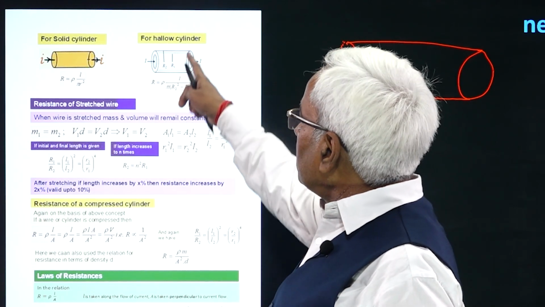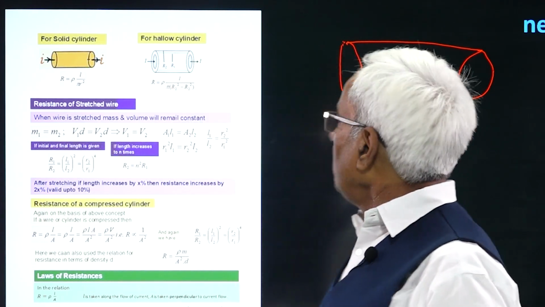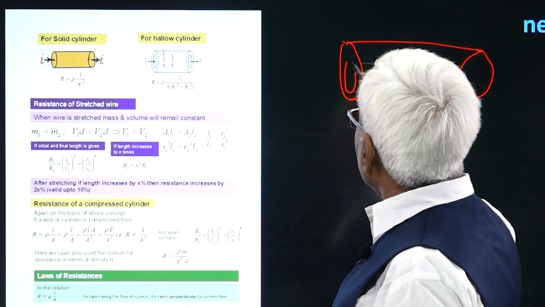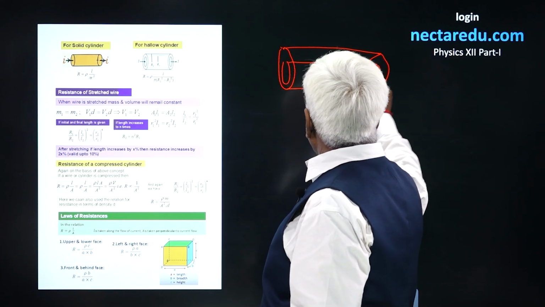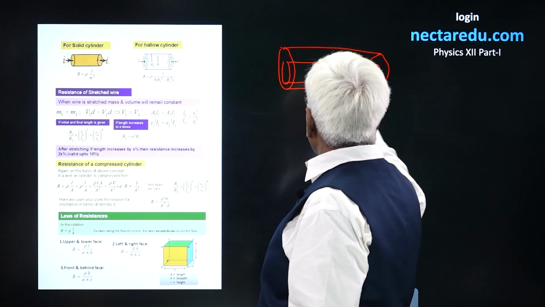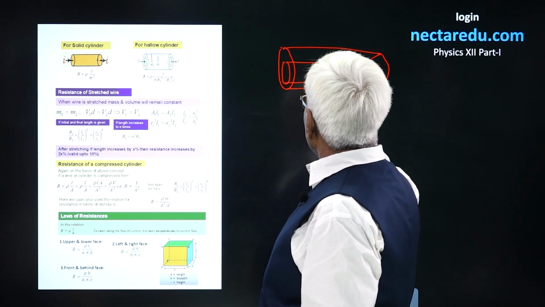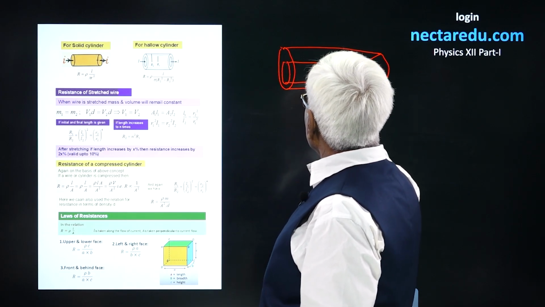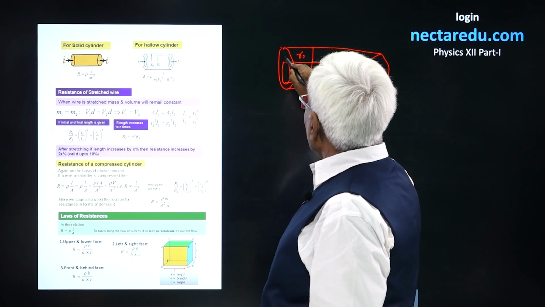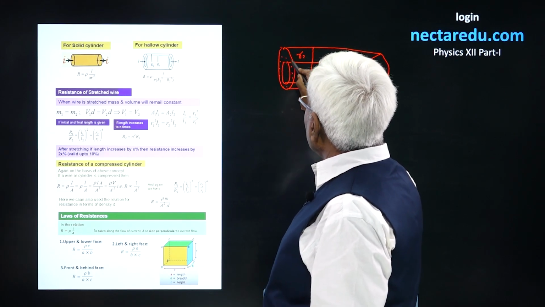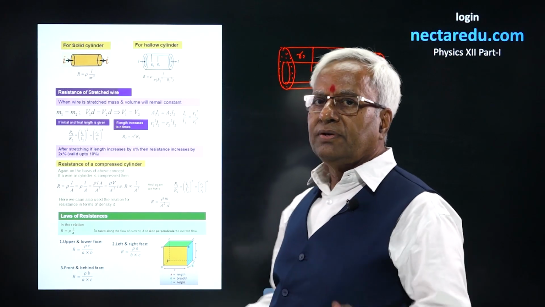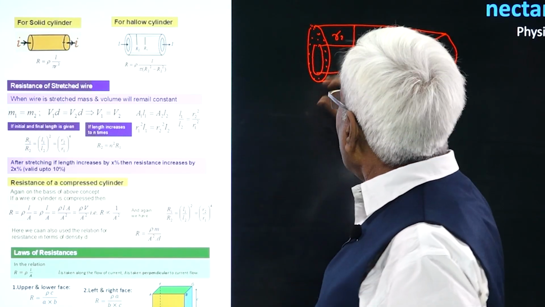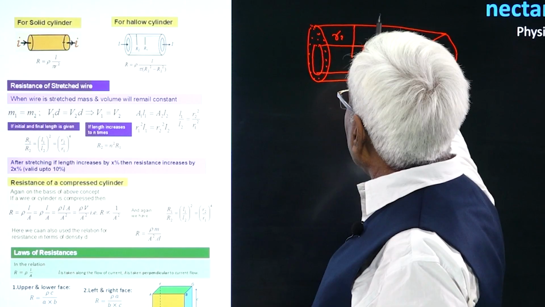Then, if you consider a hollow cylinder, you have inner and outer radii for the given cylinder, might be R1, R2, and the solid portion is between them, meaning R2 minus R1.